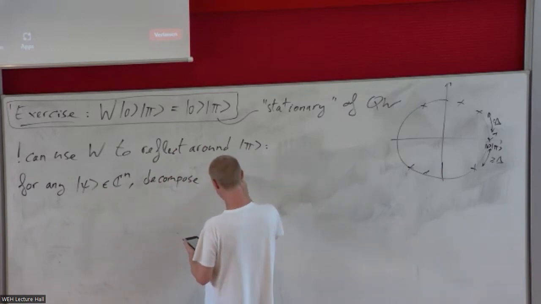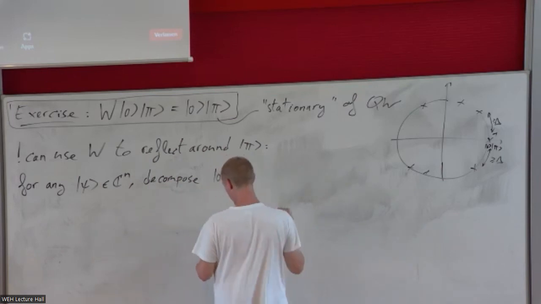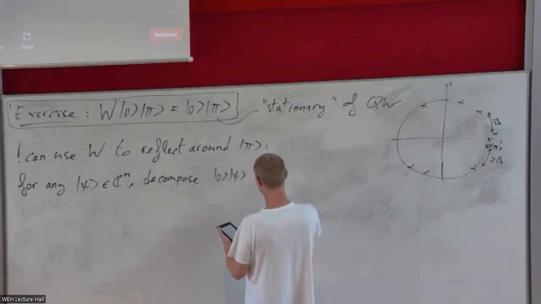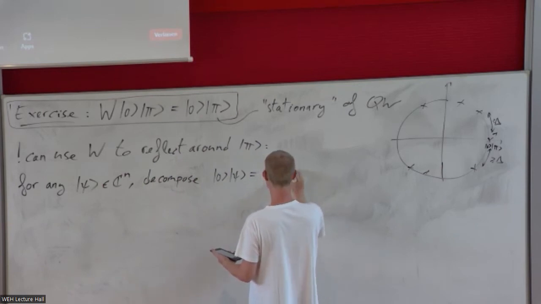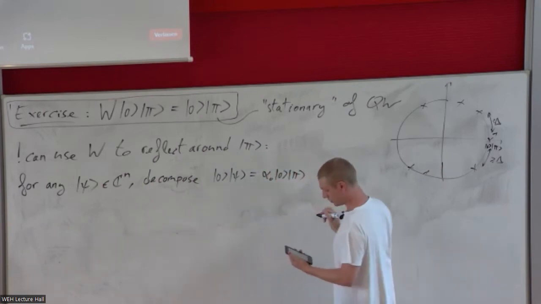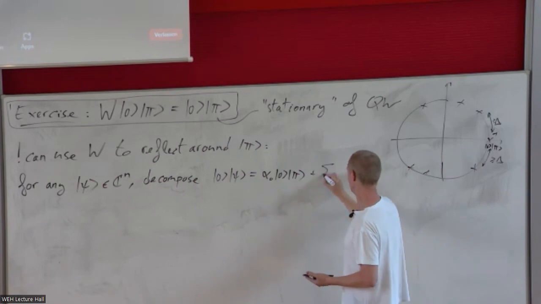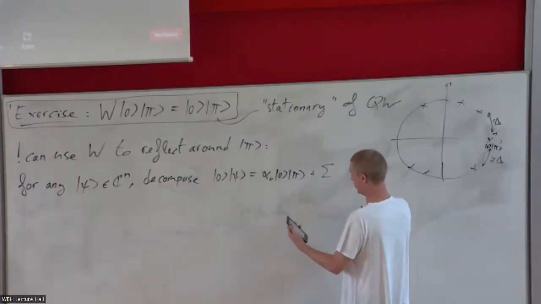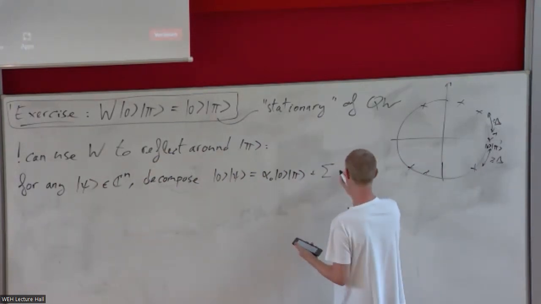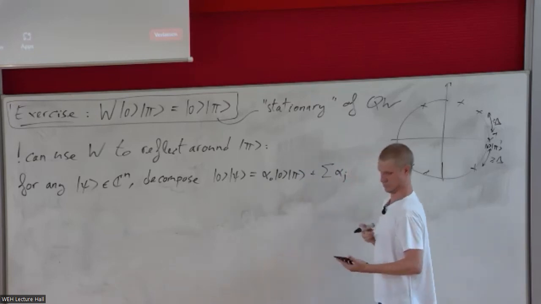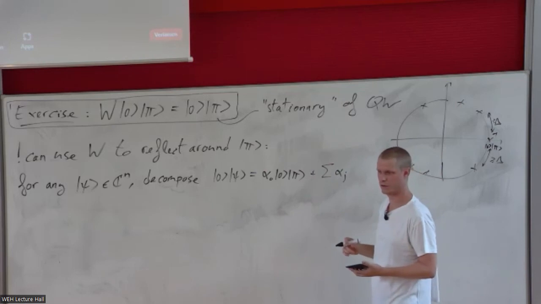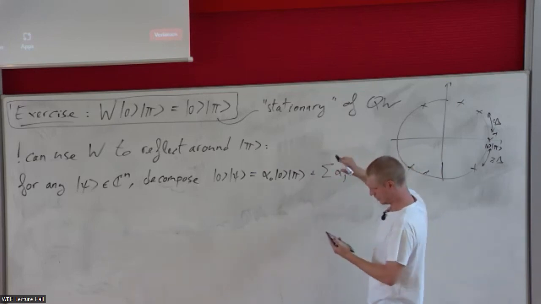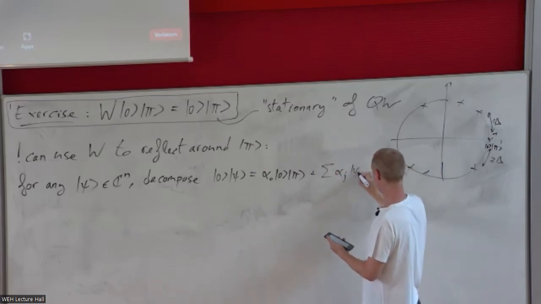We can decompose it into eigenvectors of the quantum walk, right? So again, we get some alpha 0, 0, pi, just like we did classically. But now you have also these sort of auxiliary modes if you want. So we have alpha j, vj, right?